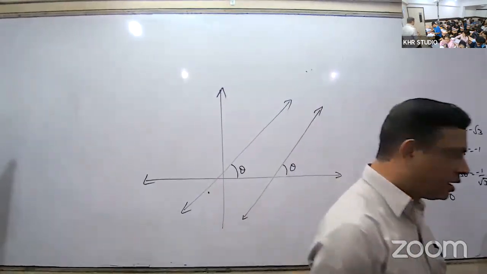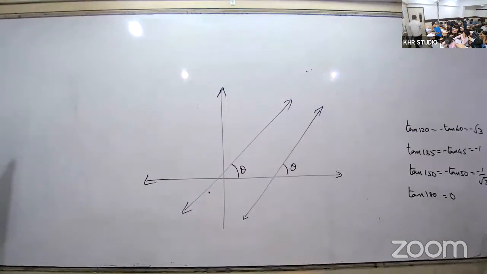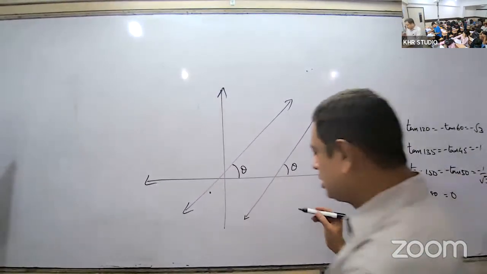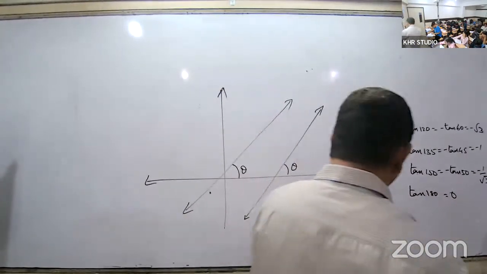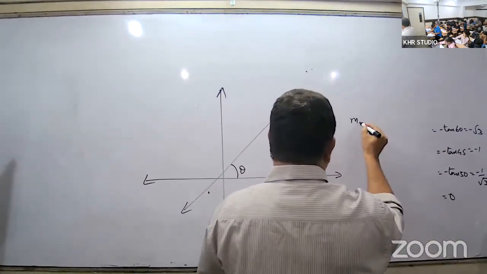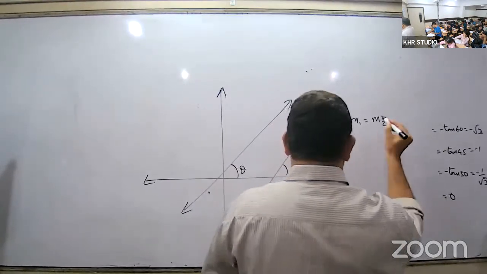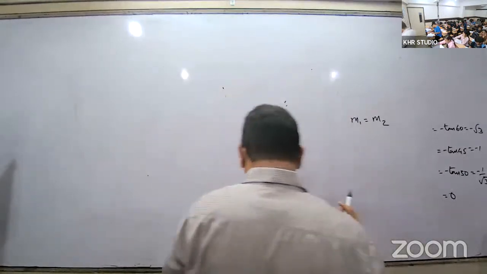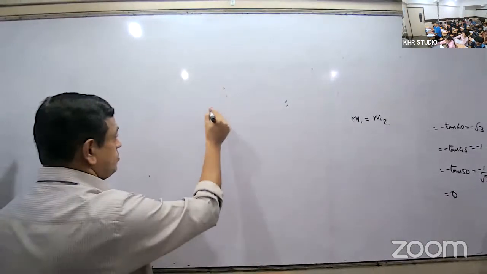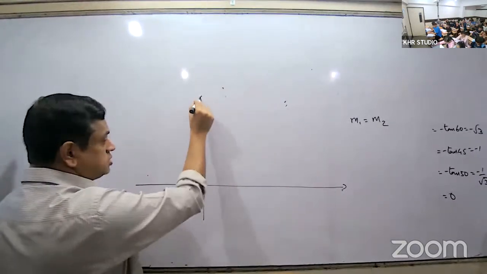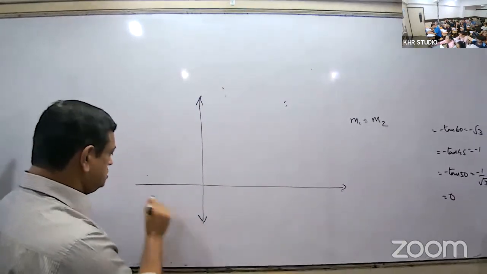When two lines are parallel, the two slopes are equal. That is, M1 is equal to M2. Okay. Understood why it is coming? Because equal inclination comes.